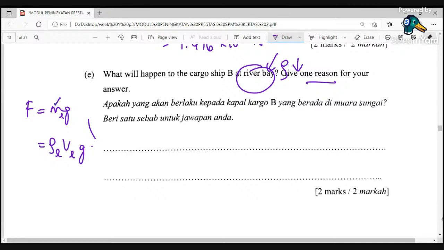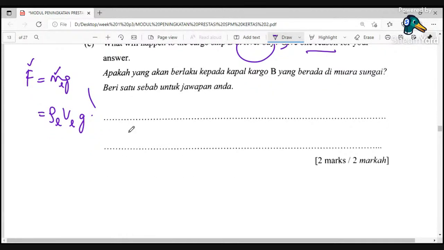Same load. Okay, M dia sama. Then same buoyant force. Apa beza, apa perubahan? Hanyalah relate between density and volume.